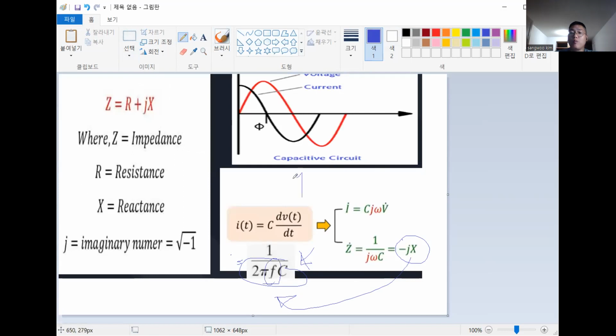Which means if the frequency goes up, the reactance goes the reverse way: if the frequency is higher, the reactance is lower. Got it? We can expect it from this equation, right?